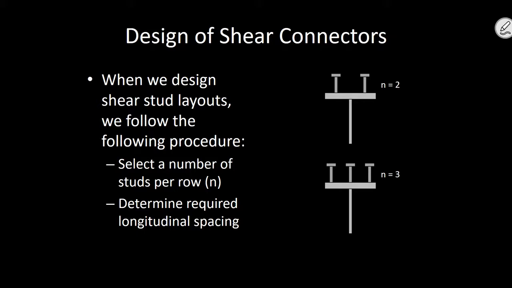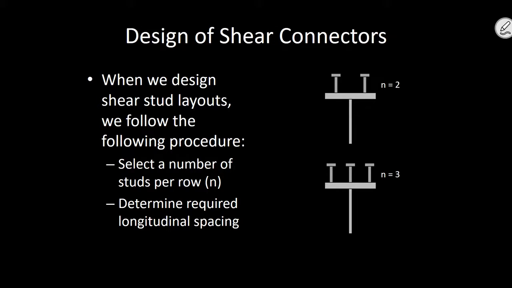You can't say, well, I'll just use 8 studs per row and have only some at the end. No, you're going to have shear studs spaced throughout the girder. So you really just have to use a little bit of common sense and ask, am I providing a reasonable layout of studs, and what stud layout will produce the most economical design?